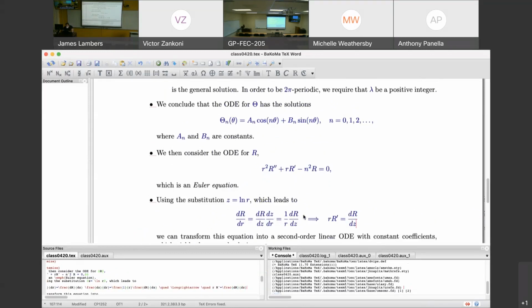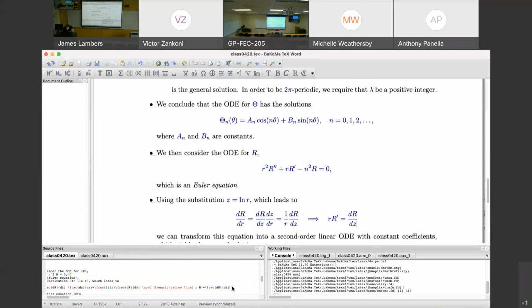So this term right here reduces to a derivative of capital R with respect to z. And you get an idea that this would simplify also to become just a second derivative of R with respect to z plus other terms. So this gives you an idea as to how this ODE simplifies considerably once you make this change of variable.